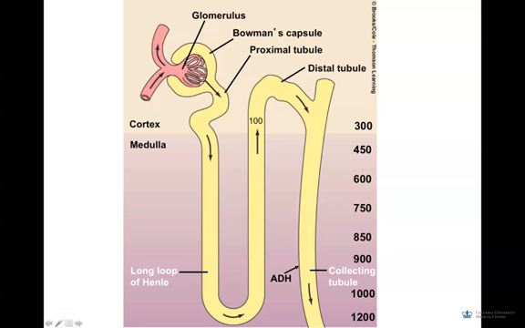When ADH levels rise because we need to conserve more water, it increases the permeability of more of the collecting duct to water. We get more of these luminal aquaporins and more water can be reabsorbed, and it equilibrates to a higher and higher concentration, until we have maximal concentration of ADH, which allows all of the distal tubule and the collecting duct to be permeable to water, and we're producing urine of a concentration of 1200.